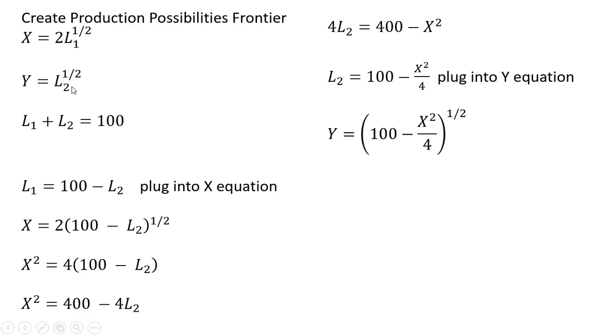Remember, L subscript 2 is being raised to the power of 1/2, so we have that here. Squaring both sides gets rid of the 1/2 up here. We get this result. Moving some things around, we have our production possibilities frontier right here.